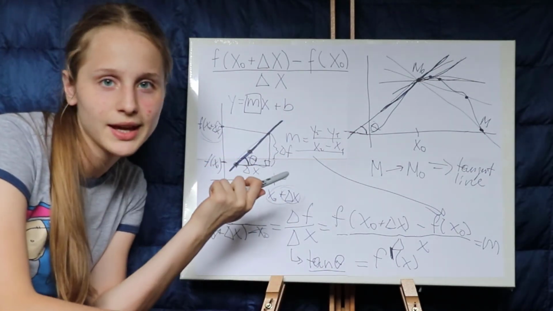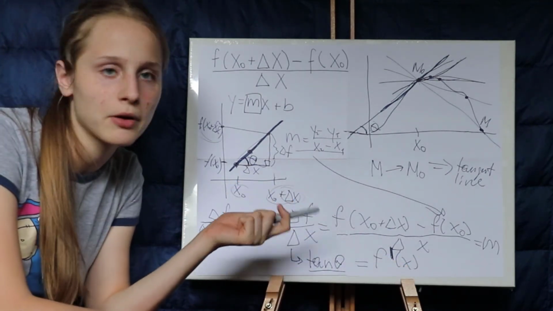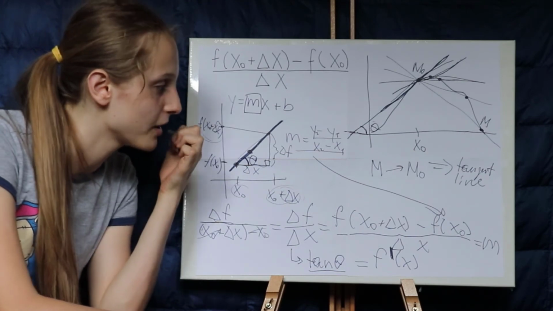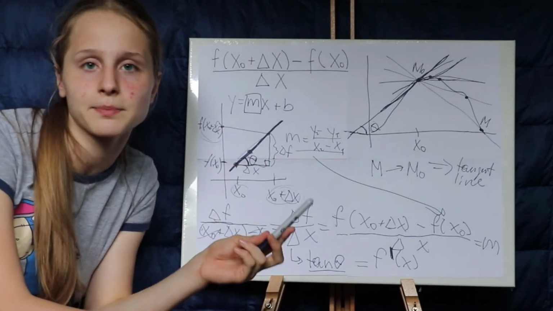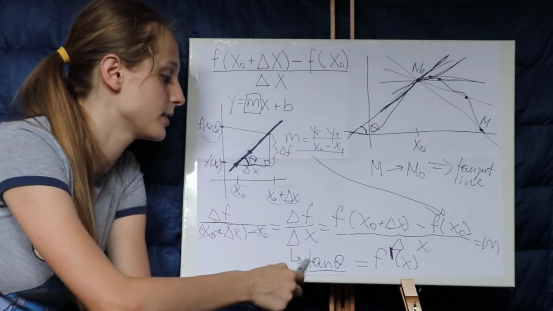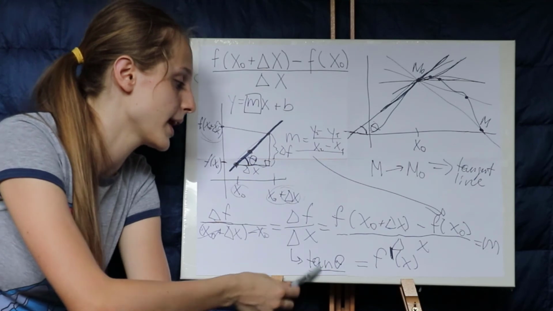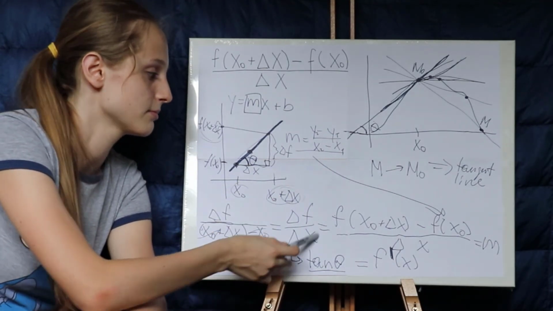It's really just the speed, and we know how we came to this complicated looking formula now. It's really just the slope. Not that scary. This will not teach you how to do derivatives, but at least you can understand the concept behind them, and why tangent of theta is also equal to the derivative, because it's just this all over again.